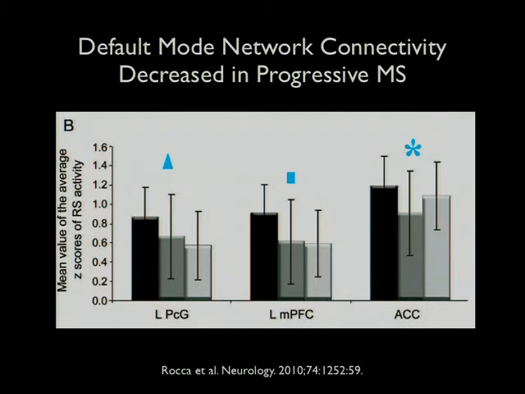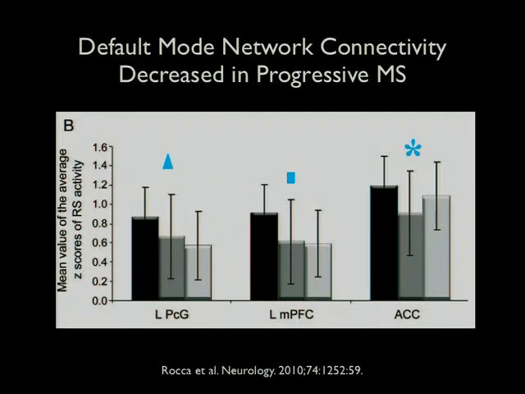Here the dark black bars are controls, the light gray bars are patients with primary progressive MS, and the white bars are patients with secondary progressive MS. So what they found was that in specific areas of the default mode network, there were decreases in both secondary progressive MS and primary progressive MS, although the only difference that they found between the two groups was a decrease in primary progressive MS in the ACC.